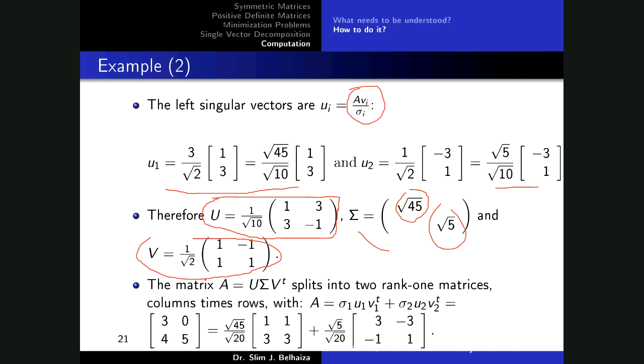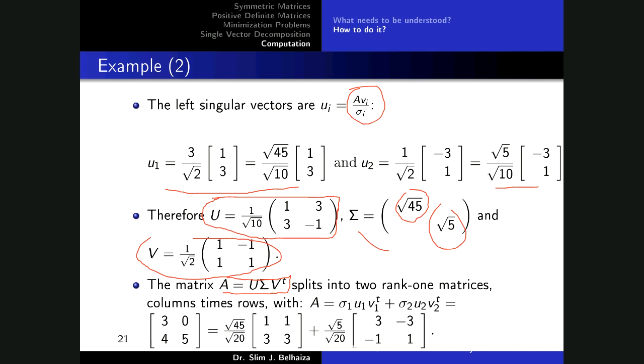So let's understand what we were able to accomplish till this point. First of all, this now writes matrix A as U times sigma times V^T, which splits into rank 1 matrices. And you can see that two rank 1 matrices we can obtain if you detail here.